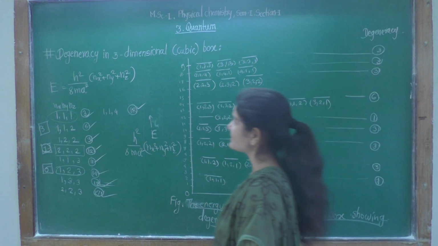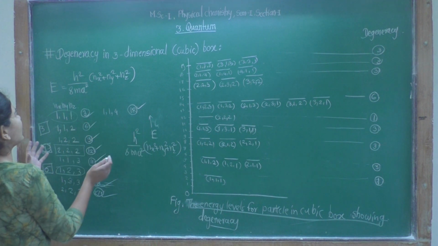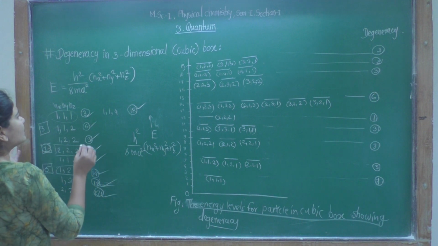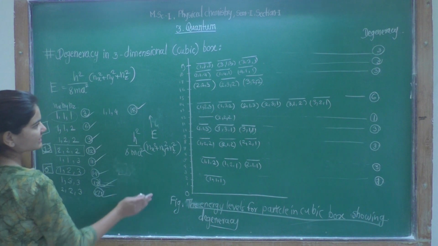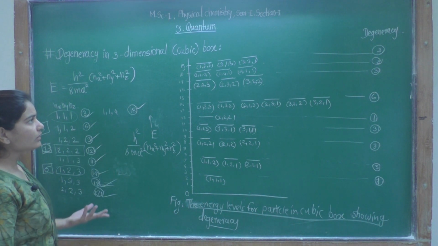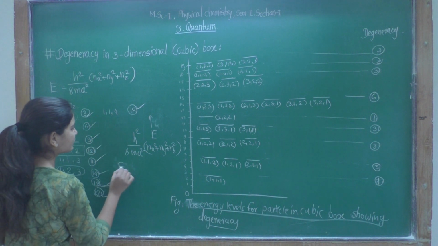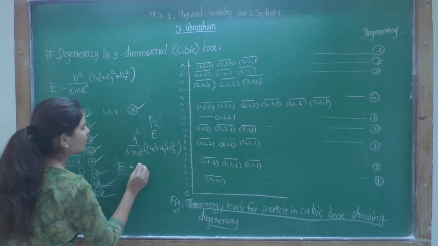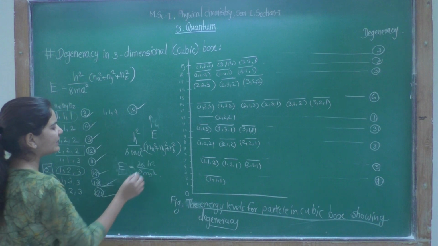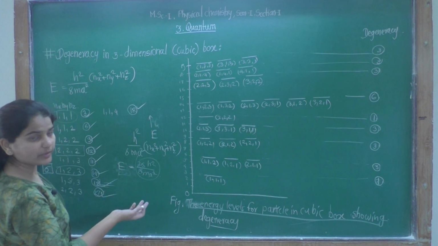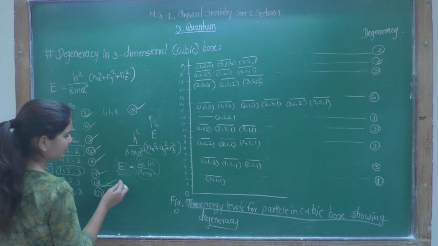And in some cases what happens, they will ask for which values of nx, ny and nz the degeneracy is 6, or they may give the value of energy, E equals, suppose, 36h square upon 8mh square. It will be given for a cubic box, and you have to find the values of nx, ny and nz.